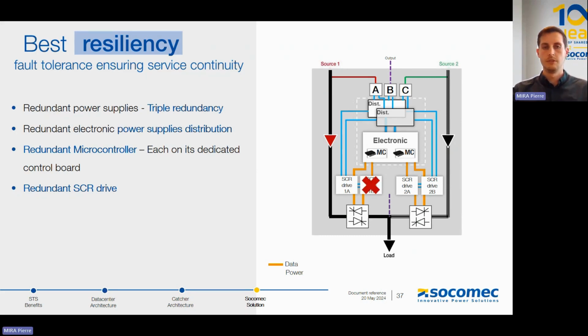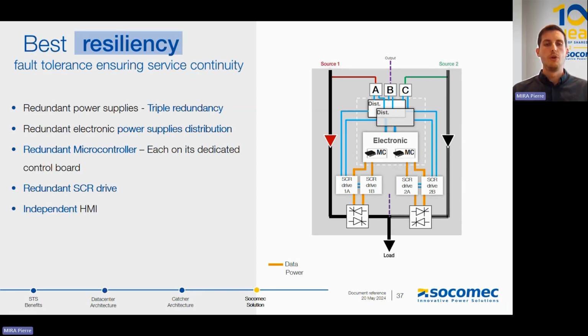So if we have SCR driver failure, it's fully safe, we can still operate. That's something we can simulate. If someone is challenging us, we can do some simulation and show that the static transfer switch is fully working with any of these defaults being created.